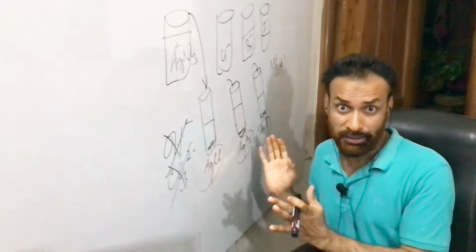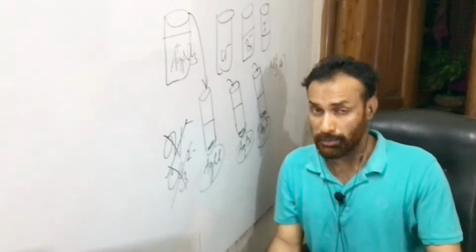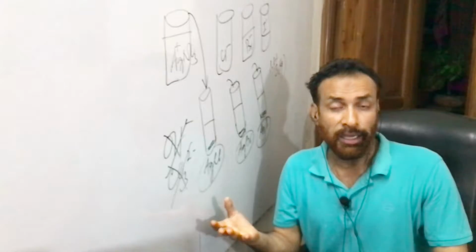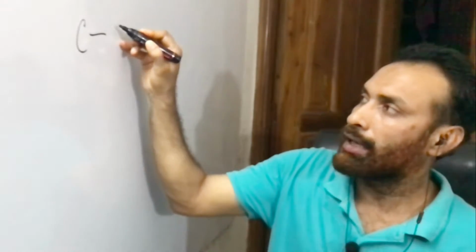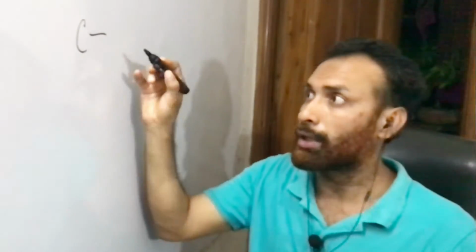Basically, we're using this to test for halogens in organic substances. Halogen atoms in organic substances means halogenoalkanes, where the halogens are bonded to carbon atoms.